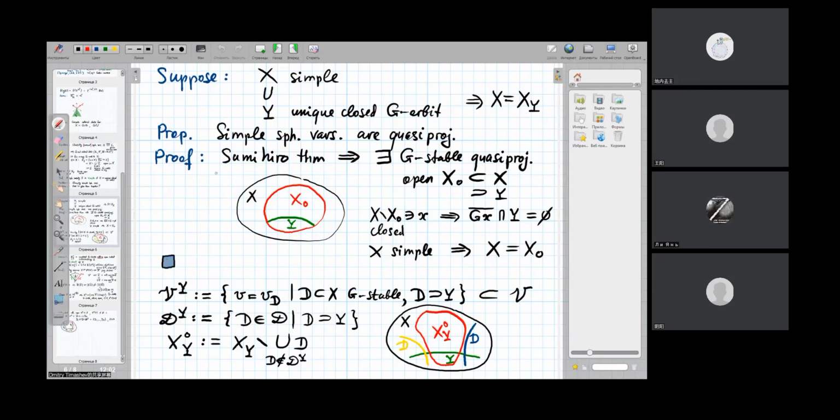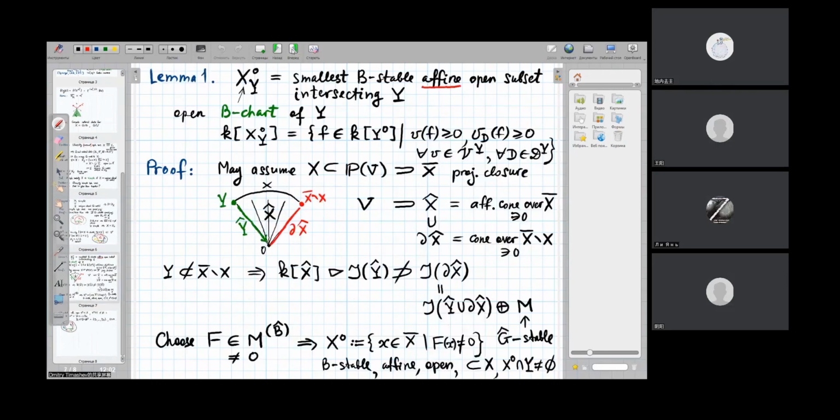Professor, I have a question. So you mean that the complement of a hypersurface in a projective variety is always affine? Yes, of course.